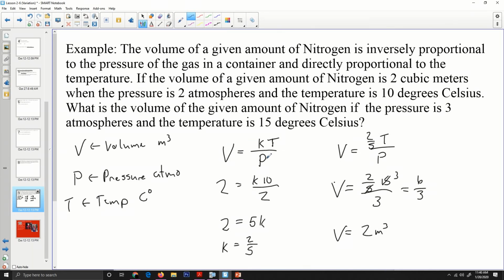As the pressure goes up, the volume goes down because it's inversely proportional. So what happened here is the temperature went up enough to compensate for the increase in pressure. The temperature goes up, the volume goes up, the pressure goes up, the volume goes down. It worked each other out, and that's how we got that final answer.